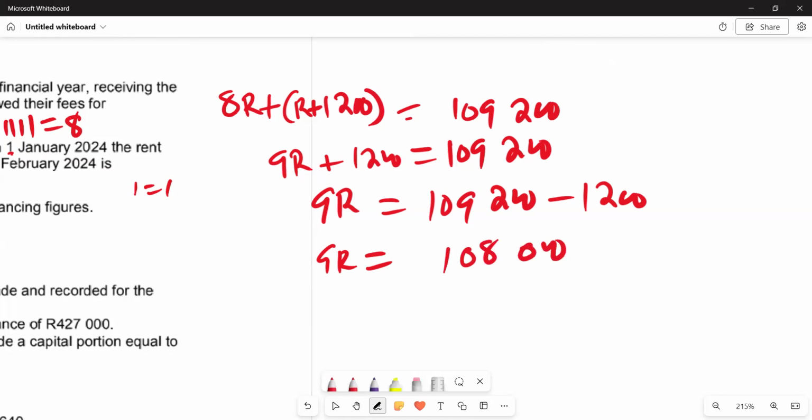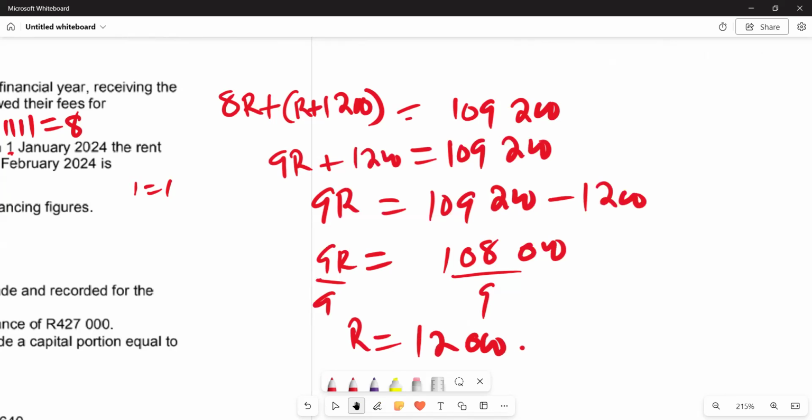Then we divide by 9 on both sides. So we say 108,000 divided by 9. We are going to get 12,000. So it means our R is 12,000. This is the rent before it increased: 12,000 rands was the rent before it increased.